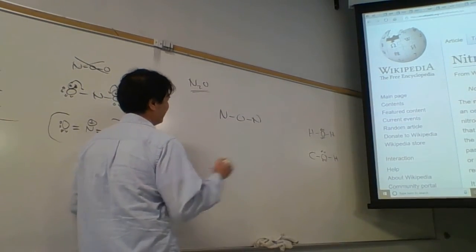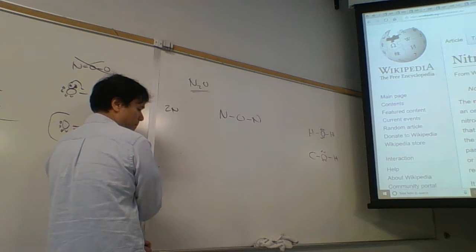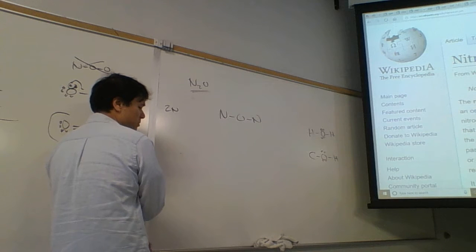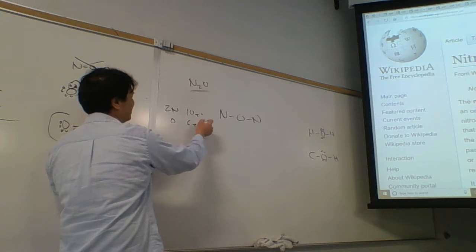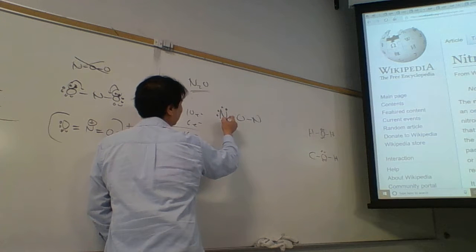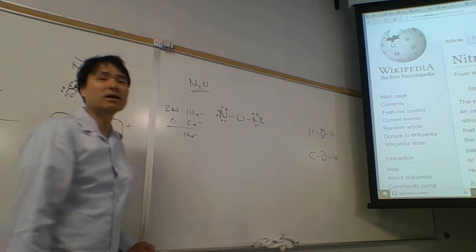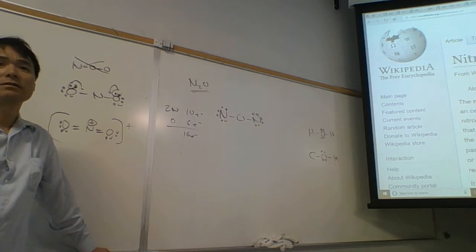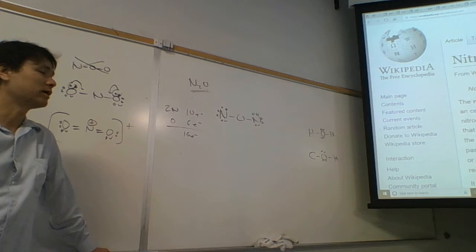NON. And try it. 2 nitrogens, how many electrons? 5 times 2 is 10, plus oxygen, so I have 16 electrons. Let's complete the octet. And that takes care of, how many electrons do I have now?